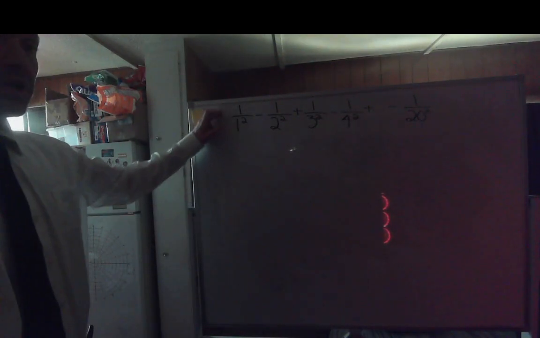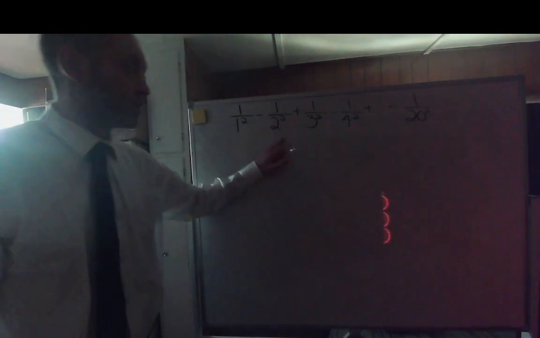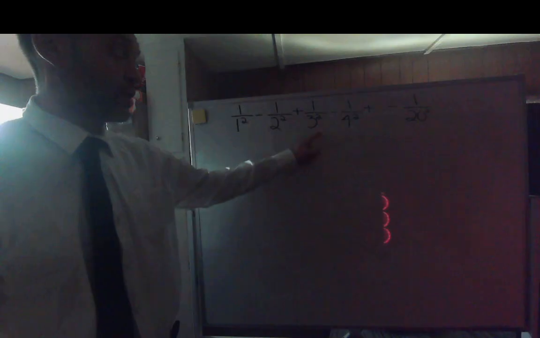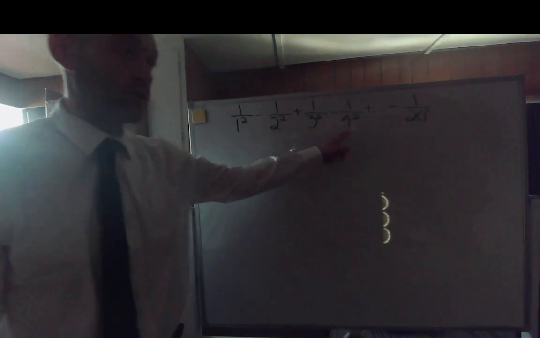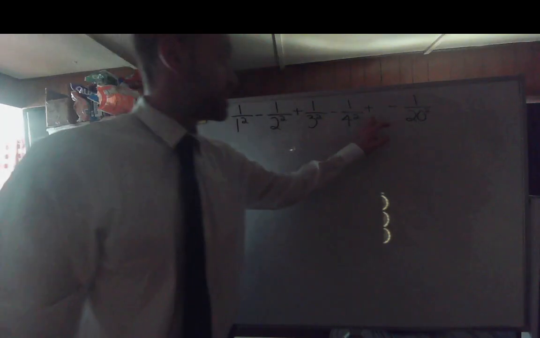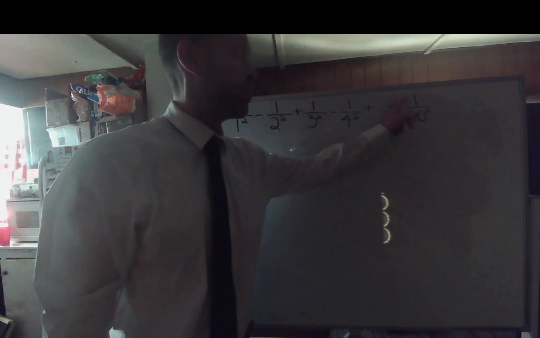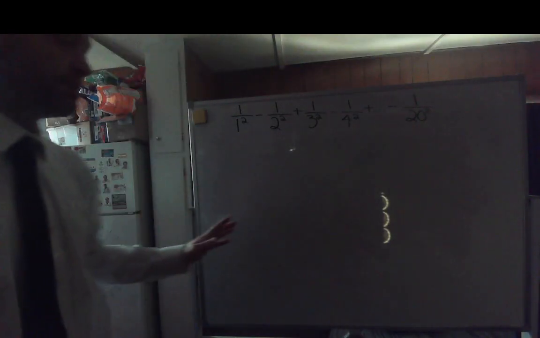All right, so we have this particular series: 1 over 1 squared minus 1 over 2 squared plus 1 over 3 squared minus 1 over 4 squared, and so on, minus 1 over 20 squared where it stops.